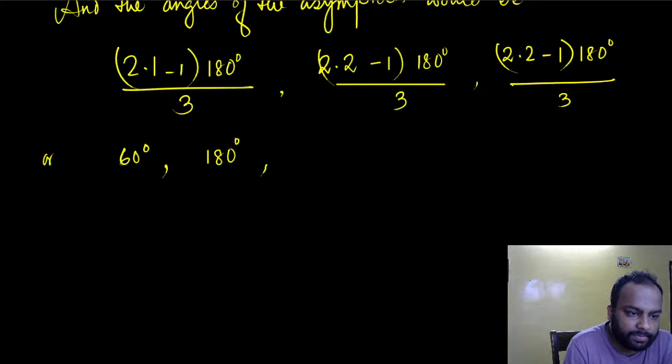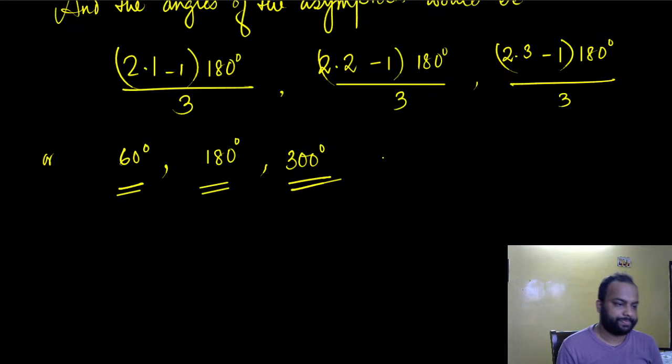And for n equal to 3, 2 times 3 minus 1 times 180 divided by 3, which is 300 degrees. So I have 3 asymptotes with these angles, and the asymptotes originate at sigma equal to minus 2.